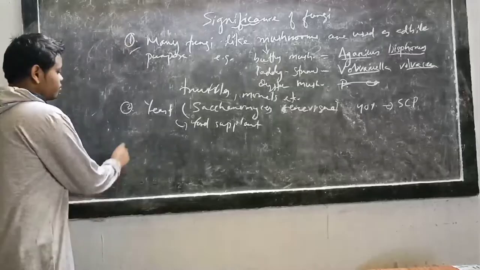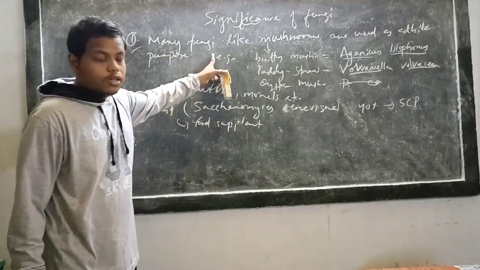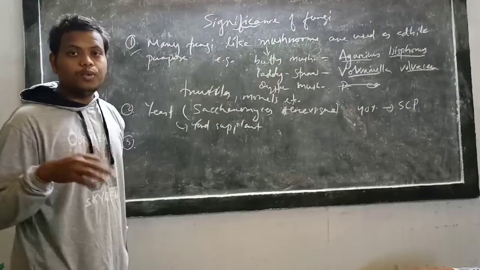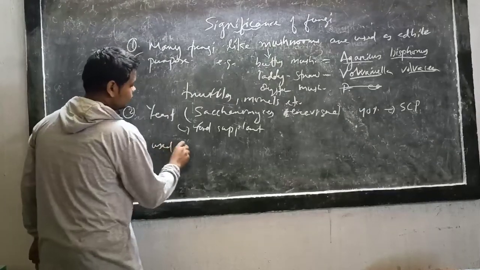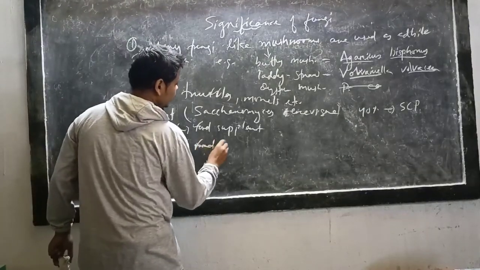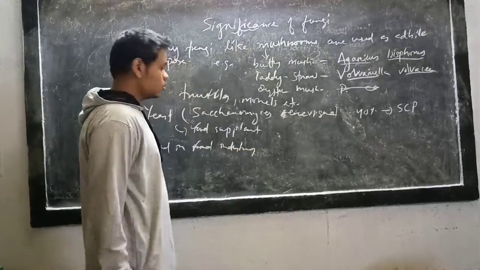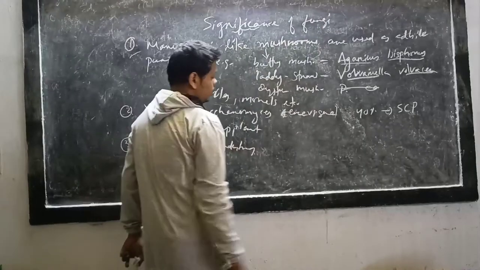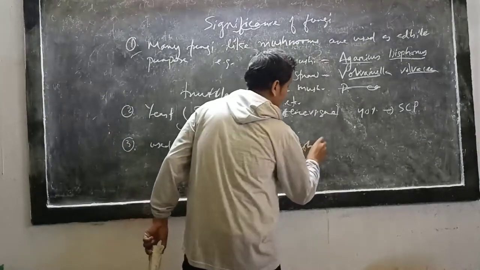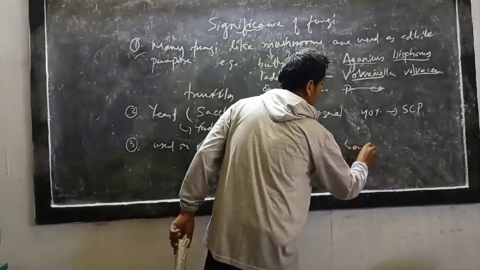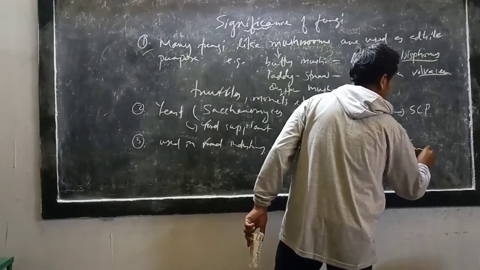Then the third one, fungi are used in the food industry also. Fungi are used in the food industry to prepare alcoholic beverages in the process called fermentation.